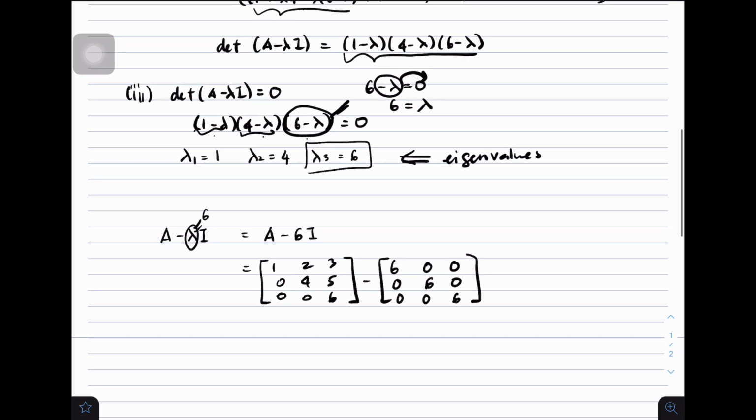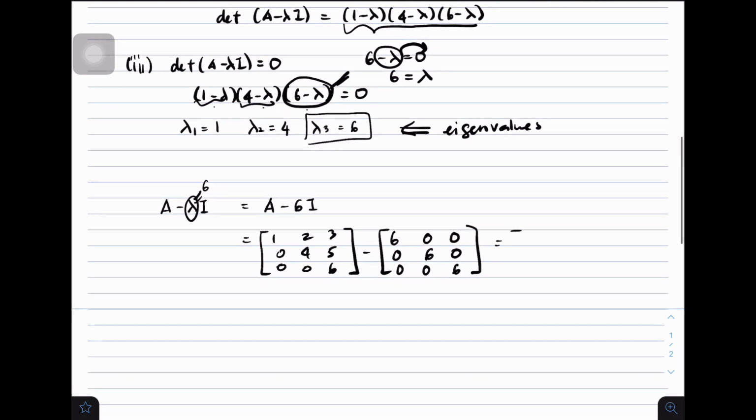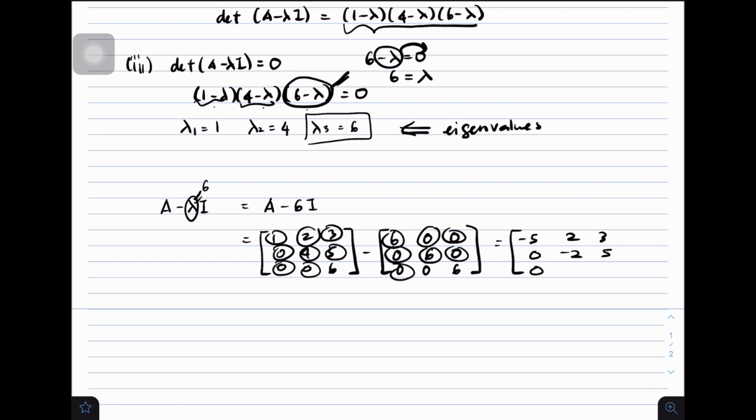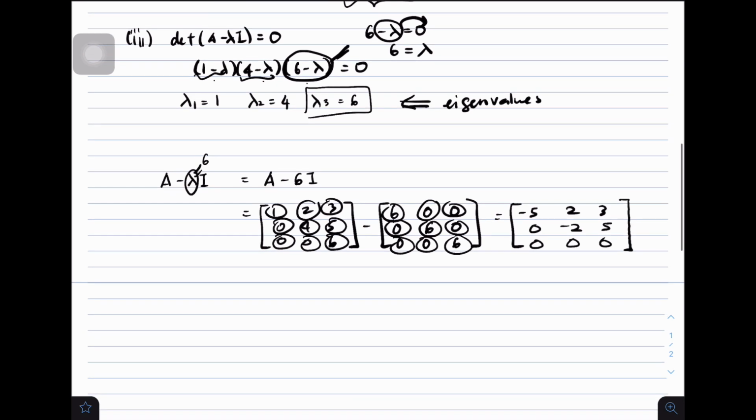So what you will have here is 1 minus 6 is negative 5, 2 minus 0 is 2, 3 minus 0 is 3, 0 minus 0 is 0, 4 minus 6 is negative 2, 5 minus 0 is 5, 0 minus 0 is 0, 0 minus 0 is 0, 6 minus 6 is 0. So here is your A minus 6I.